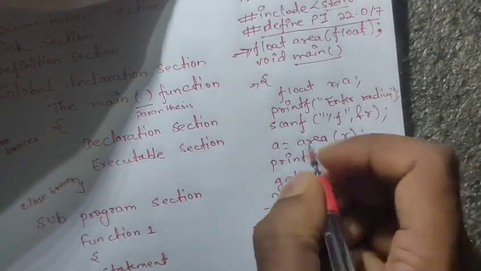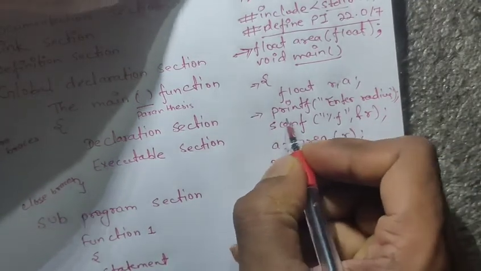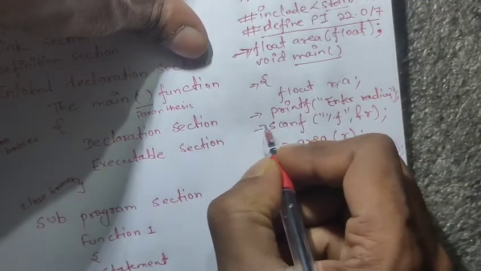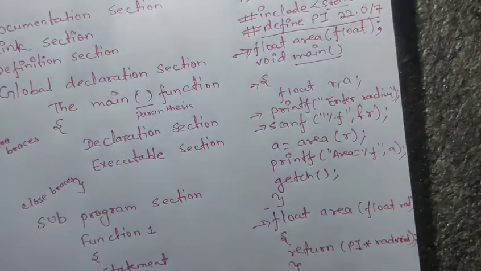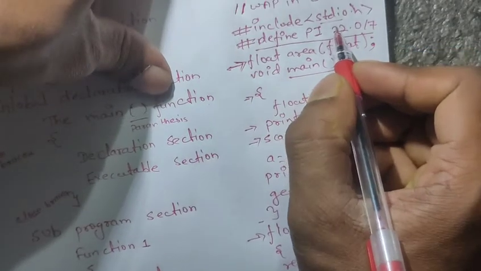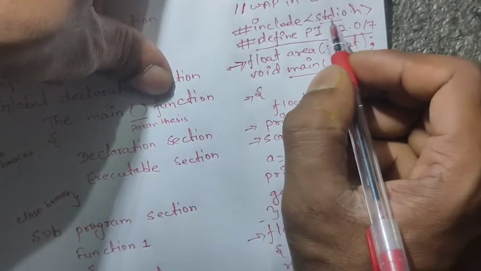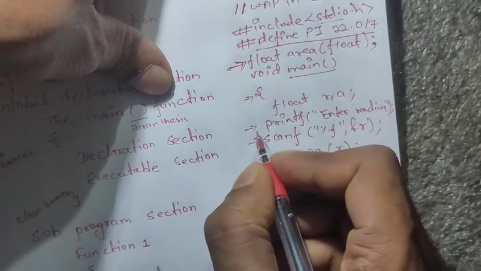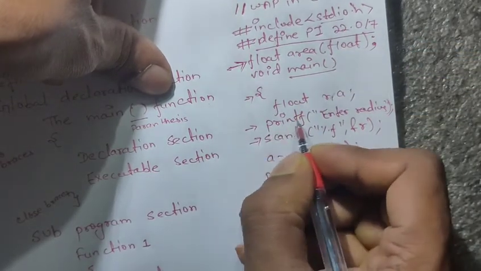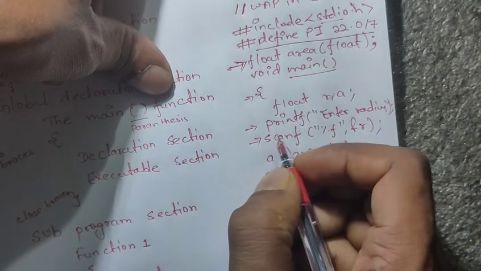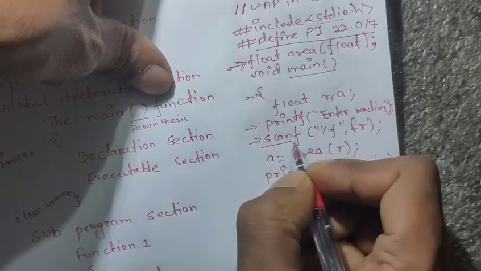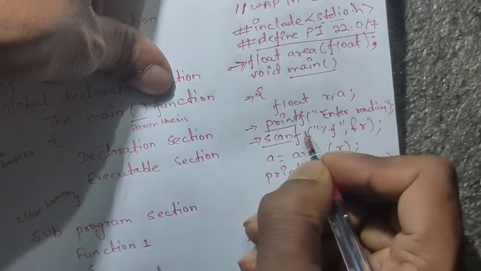Okay, now see here, printf. Actually this printf and scanf are the input and output of programs, which are directly associated with stdio.h. This is the header file which contains such functions that give standard input and standard output. So scanf for input, printf for output.